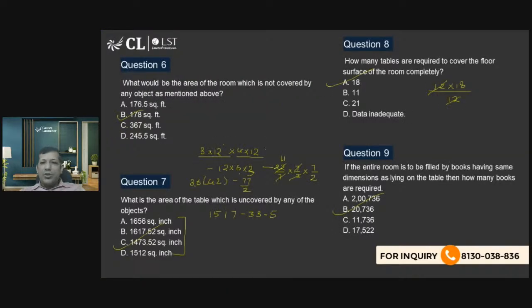Kartikeya, I wouldn't consider question number 9 difficult. I would consider it an easy one because you know how it is to be done. The reason I think you are thinking question number 9 shouldn't be done is because you are calculating in terms of 18 into 12 into 12 into 8. Is it or is it not?